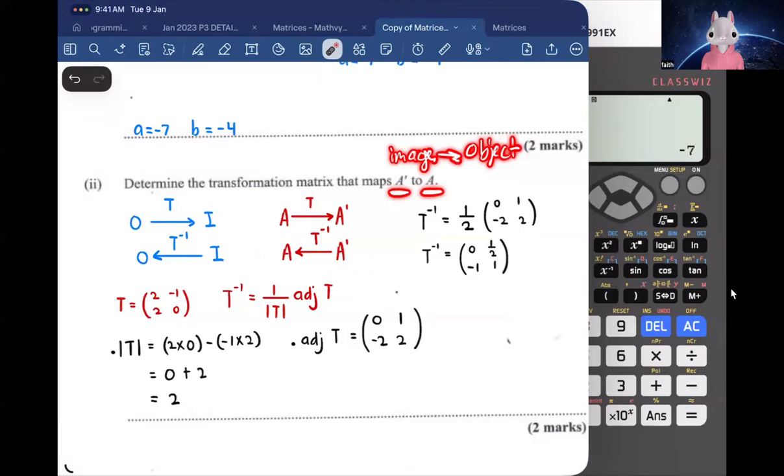To go from the object to the image, you use T. Think of the equation: transformation matrix by object equals image. So if you're going in the opposite direction, you'll need to find T inverse, which would go in the opposite direction. That's why we find T inverse, because that's what would carry you from the image to the object.